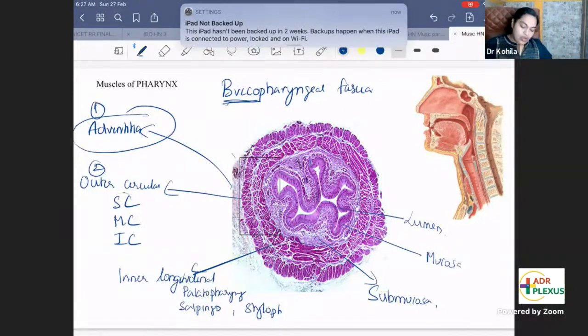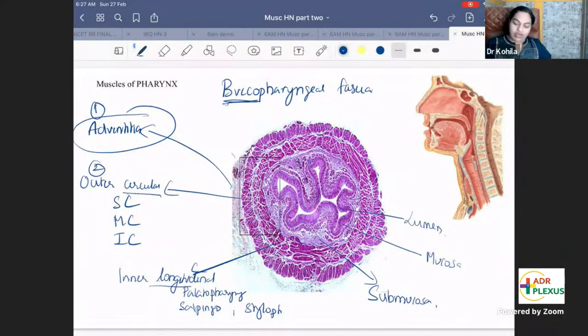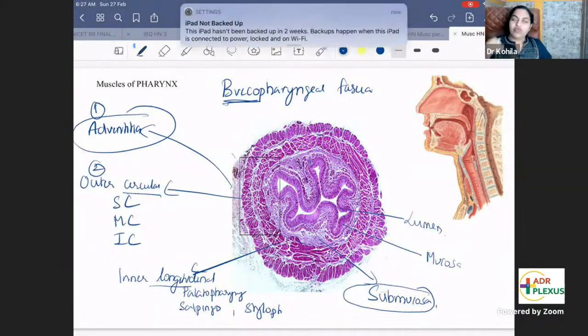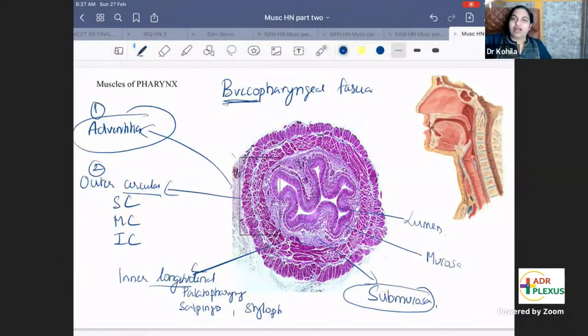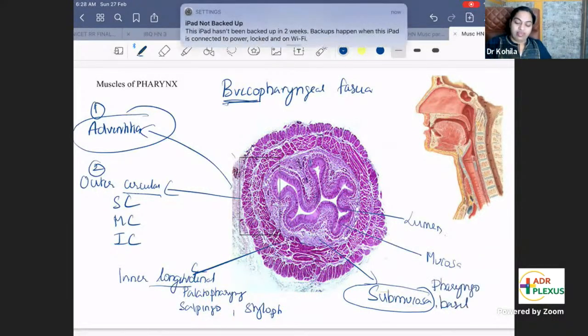Muscle layer, I told you, outer circular, inner longitudinal. The submucosa: what is the extent of the pharynx? I told you, from base of skull to C6. So above the superior constrictor you have that gap, the sinus of Morgagni. From the superior constrictor to the base of the skull, this gap is bridged by a thickening of submucosa. It forms the pharyngobasilar fascia.